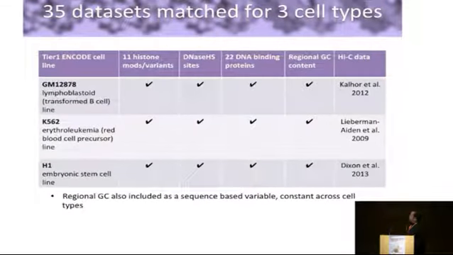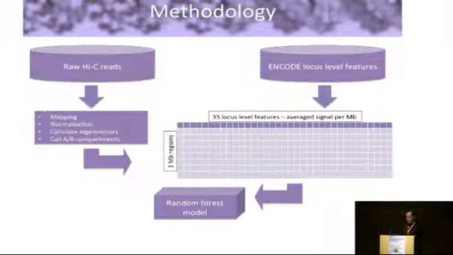It turns out that when you look in the best covered three ENCODE cell lines, you have 35 data sets that are perfectly matched between these cell types. They cover histone modifications, DNA binding proteins, and so forth. And in each of these cases, we can also find in the literature a Hi-C data set.